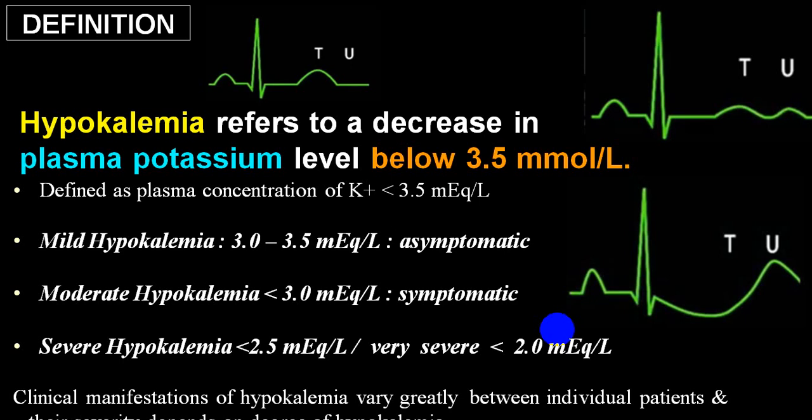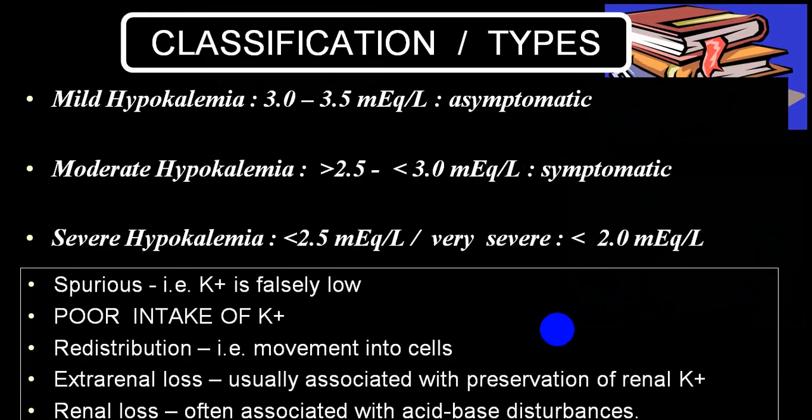Hypokalemia can be seen in any individual, and the clinical manifestation will depend upon the severity of hypokalemia and how rapidly it develops. We already mentioned between 3 to 3.5 is the mild variety, usually asymptomatic.